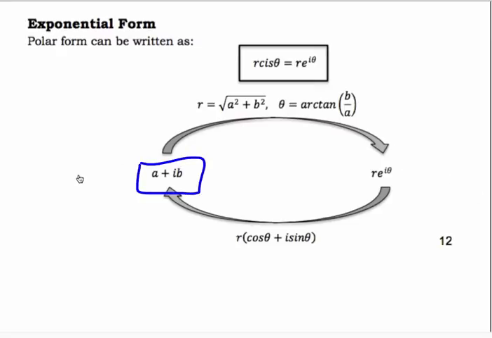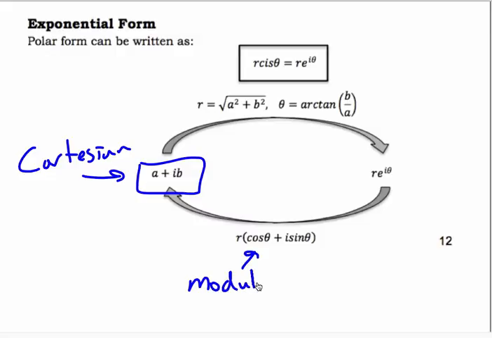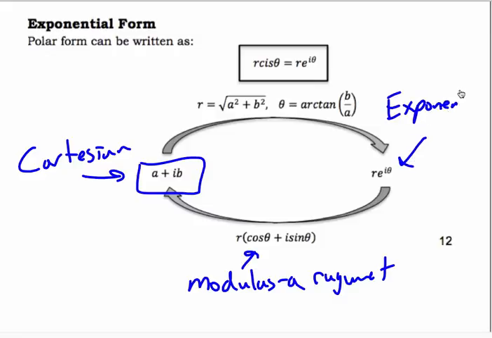This is Cartesian form. Sometimes that one's the most useful. This one's modulus argument or polar form. And this one is exponential, or sometimes called Euler's form. And you can switch between them with formulas like this.